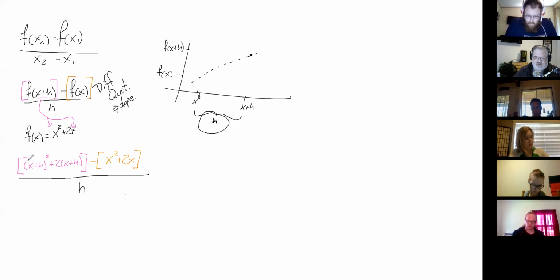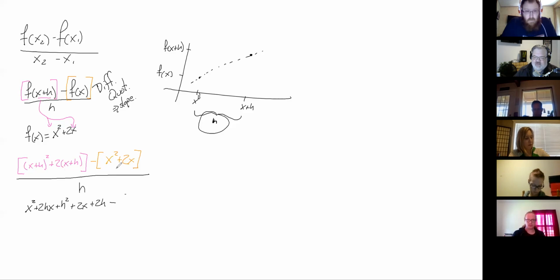So this x plus h quantity squared, we did a fair amount of that yesterday, so that's just square the first, twice the product, square the last, or you can formally FOIL that out if it helps. Plus, going to distribute that to 2x plus 2h minus.